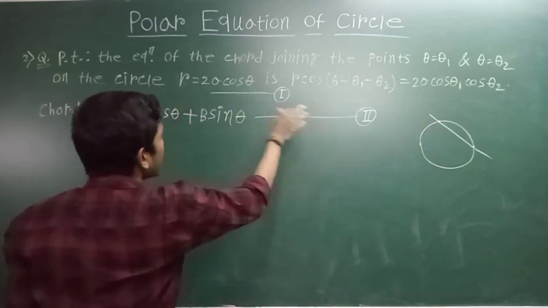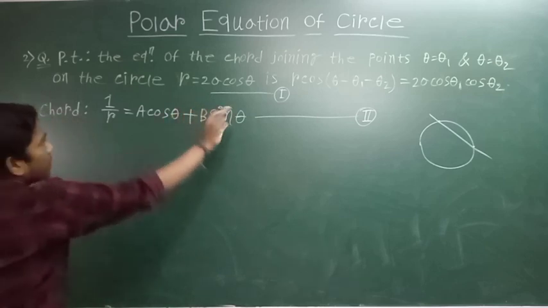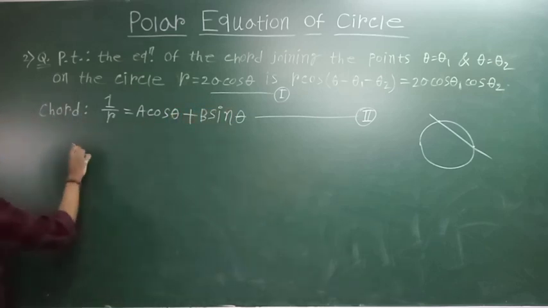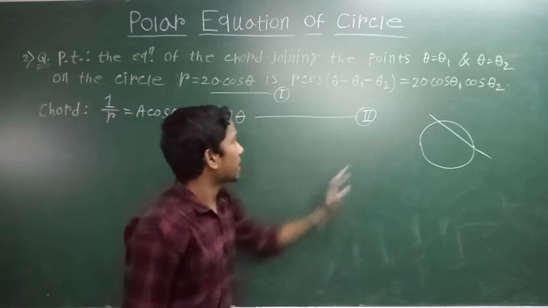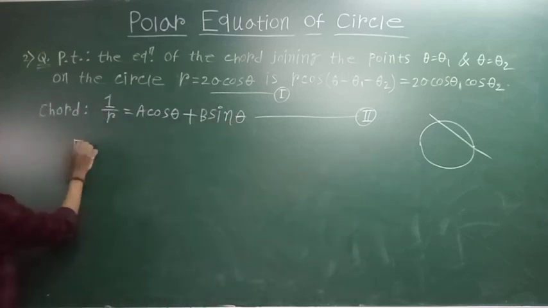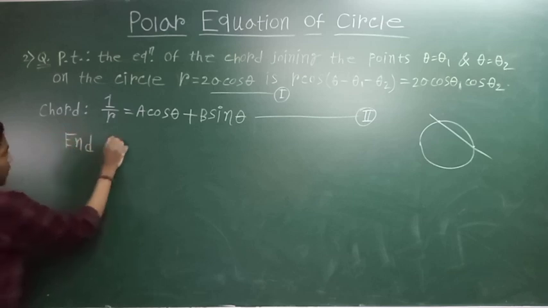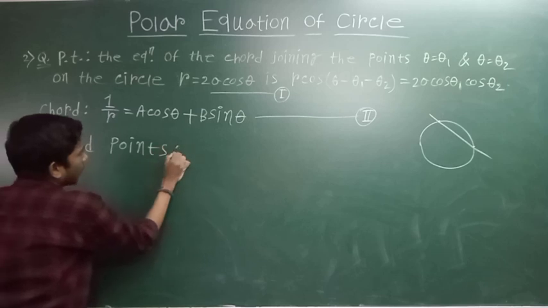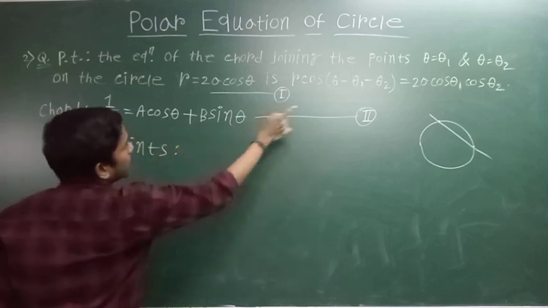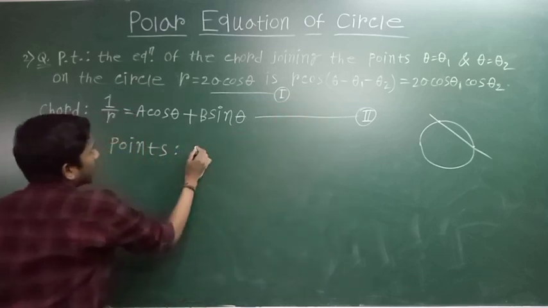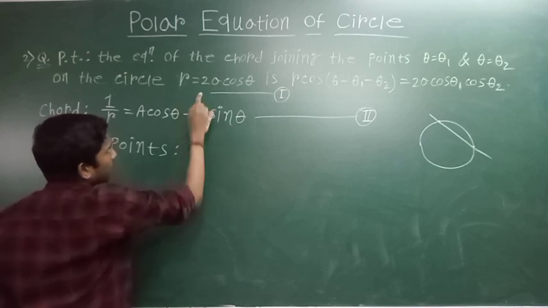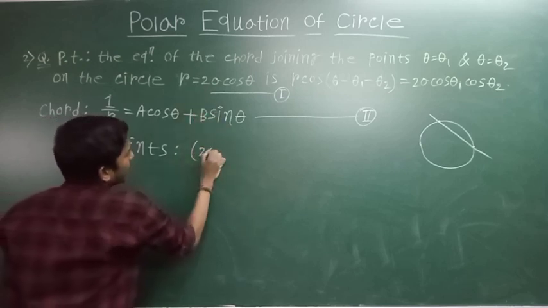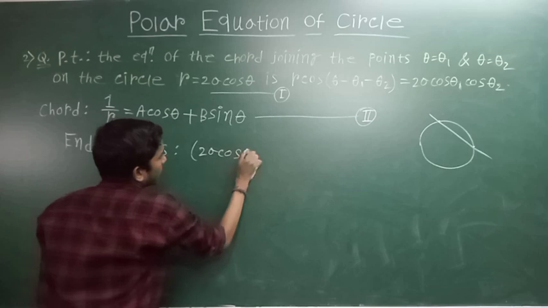So putting theta 1 and theta 2 respectively in equation 1, we get the end points of the chord. Corresponding to vectorial angle theta 1, we get the radius vector is 2a cos theta 1.